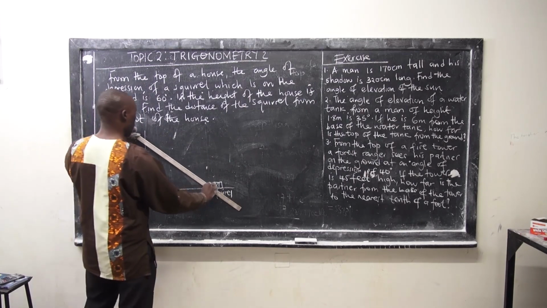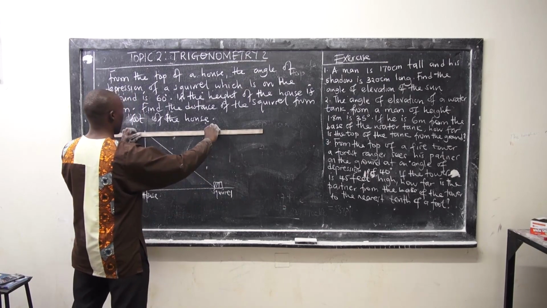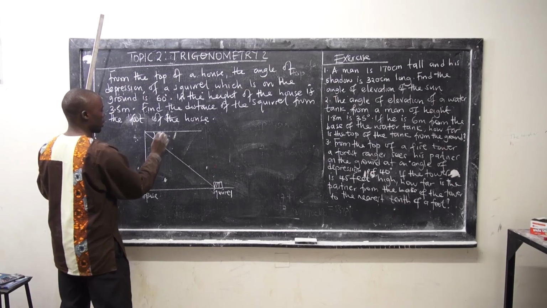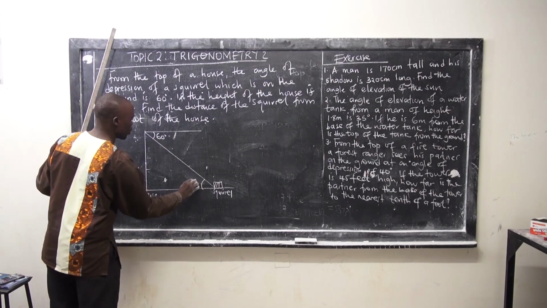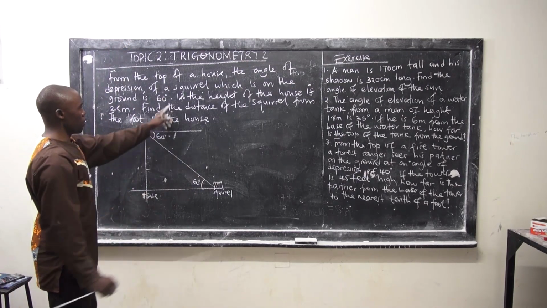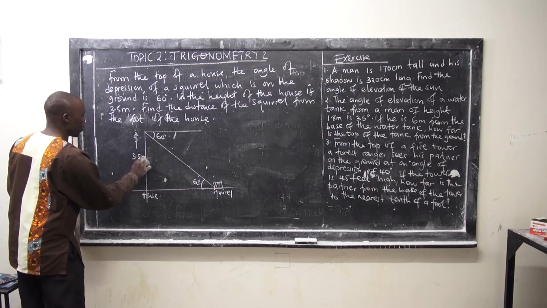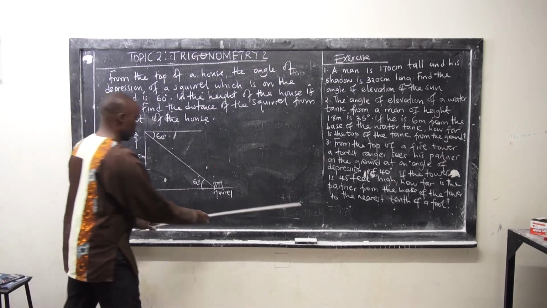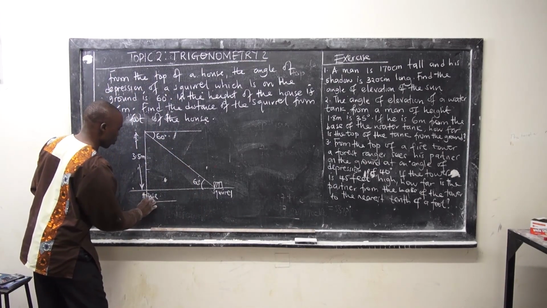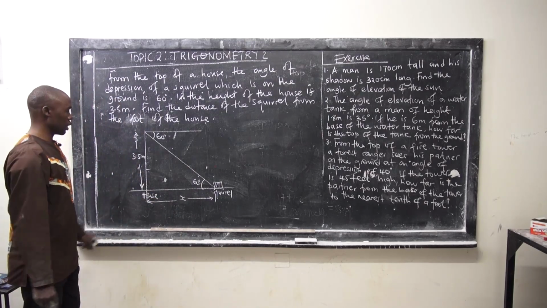Now if we observe this squirrel, our depression angle is actually this 60. So by alternating angles, this is also 60, but this is the angle of depression. So if the height of the house is 3.5 meters, it's 3.5. So now they want this distance of the squirrel from the foot of the house here. So I'm going to find the value of x there.